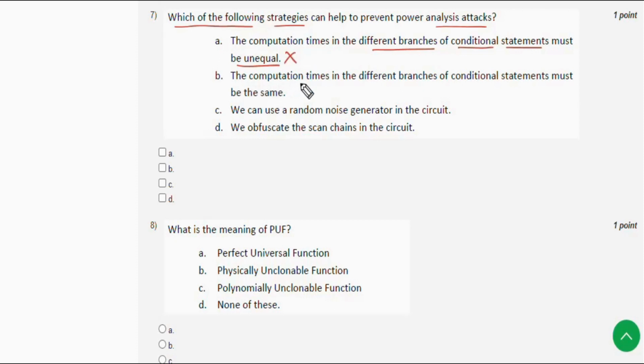The computation times in the different branches of conditional statements must be the same. That is correct. And we can use a random noise generator in the circuit. That is also correct. We obfuscate the scan chains in the circuit. That is not correct. So here B and C will be the answer.